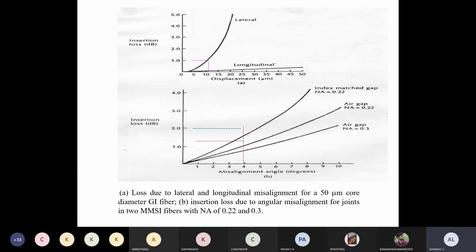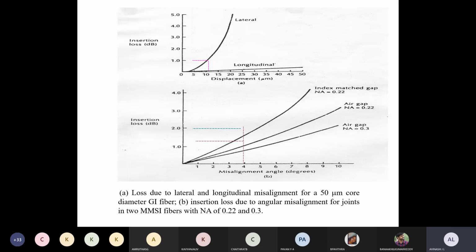Now figure B indicates the insertion loss due to the angular misalignment for joints in multimode step index fibers with numerical aperture 0.22 and 0.3. Here, the misalignment angle in degrees is on the x-axis and the losses are on the y-axis.